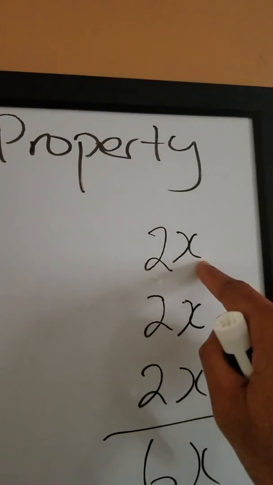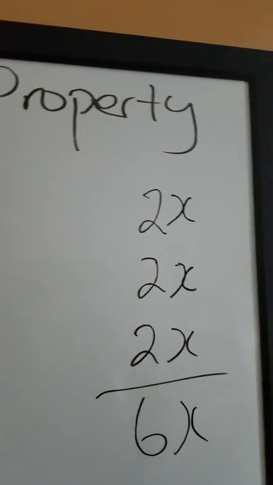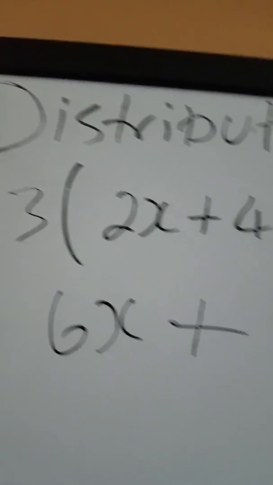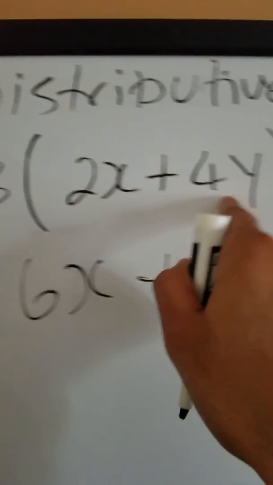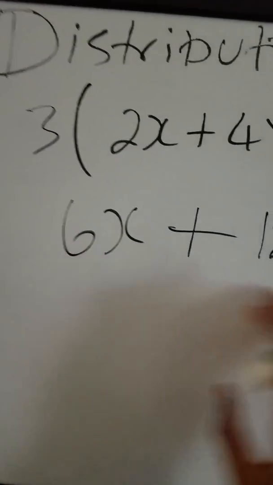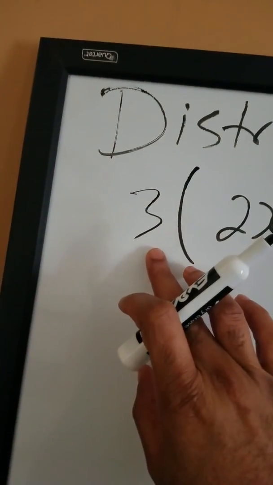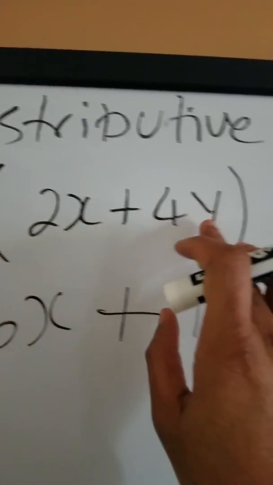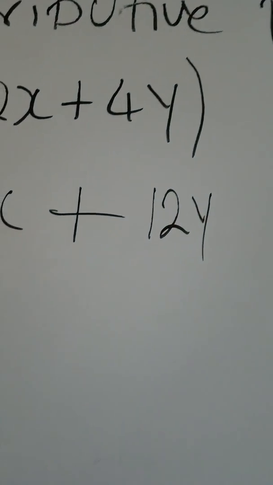Because I have 2 of them, then 2 more, that's 4 of them, and 2 more, that's 6 of them. So 3 times 2x, I have 6x. 3 times 4y, I have 12y's. And that would be how we distribute the 3 to each term that's inside the parentheses.